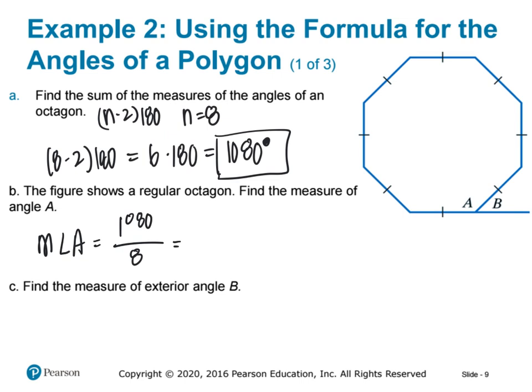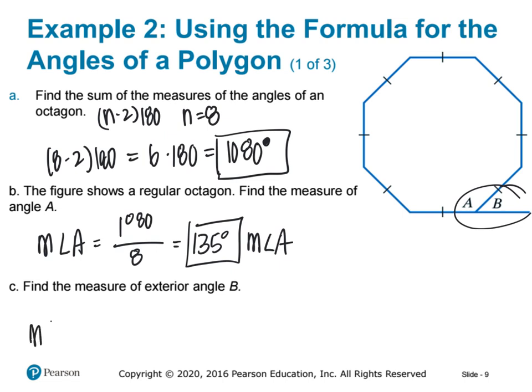So we're going to get 135 degrees for the measure of angle A. All right, then we would find the exterior angle B here. Remember, those are supplementary. So the measure of angle B is going to be 180 minus 135, which is going to be 45 degrees.